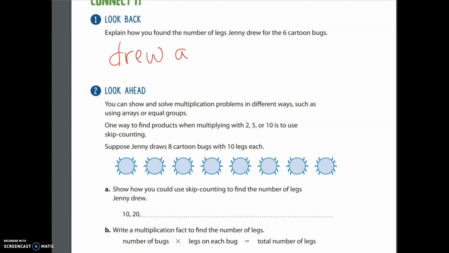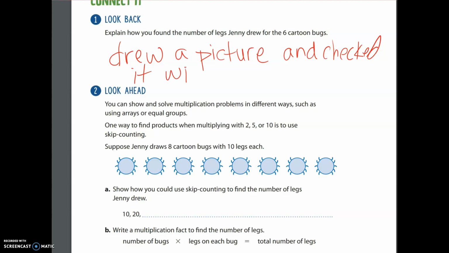I'm going to write I drew a picture and checked it with repeated addition. And so you're going to write on your number 1 whatever you did to figure it out, okay?